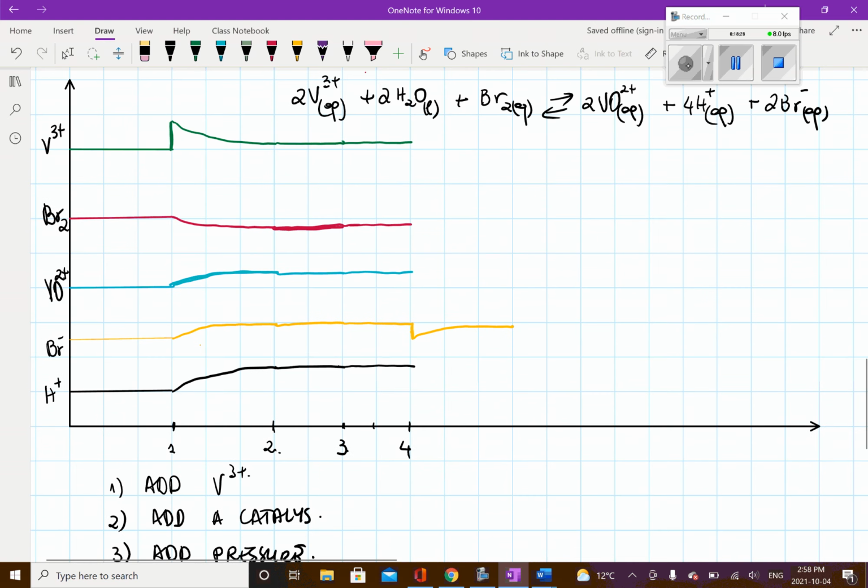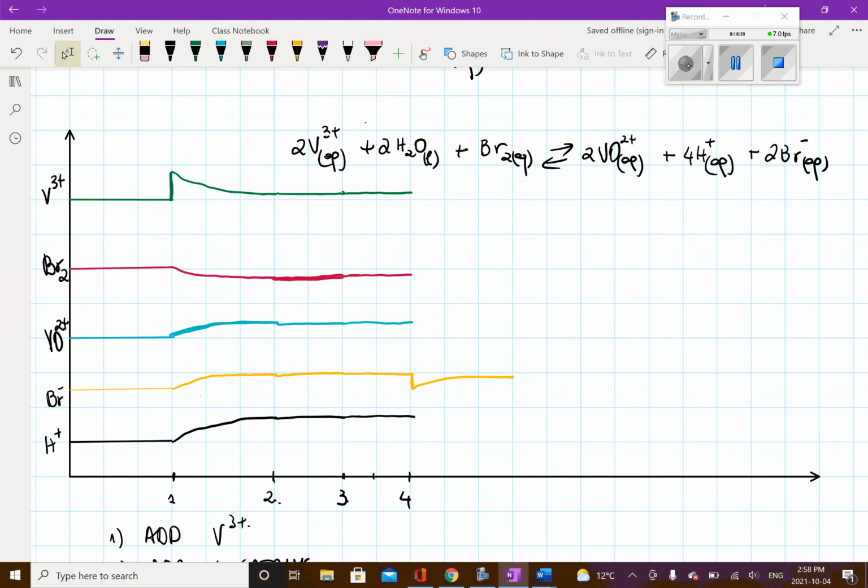One second. So this is decreased, so it is shifted to the left. If this is decreased, then it is shifted to the right to produce more.